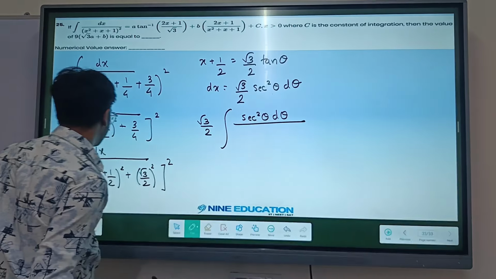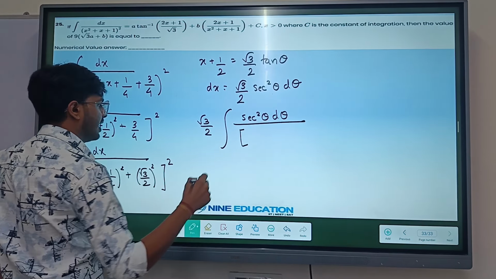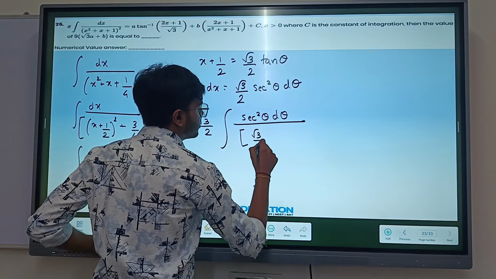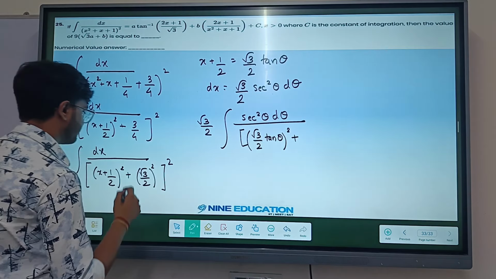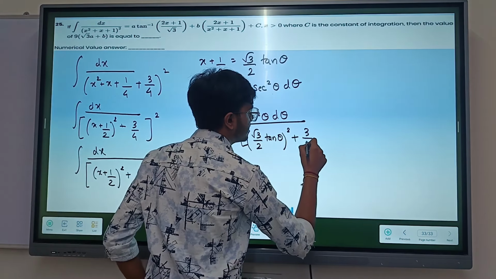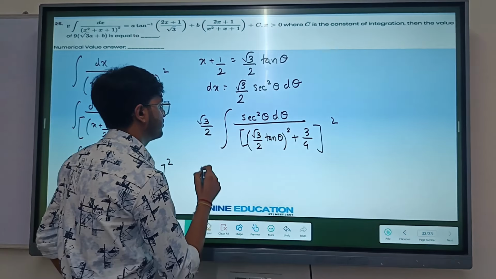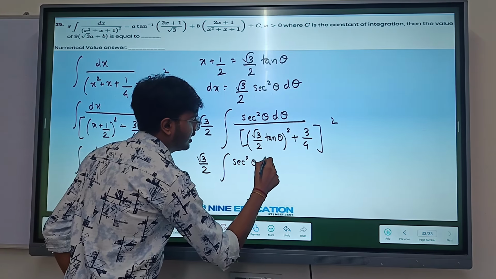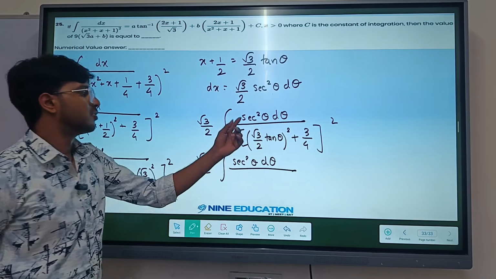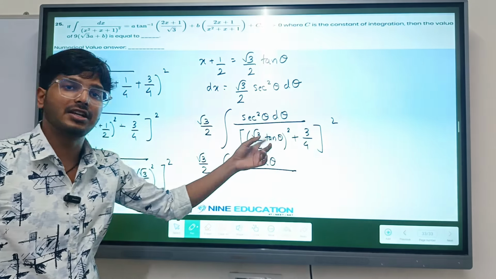And what is there in the denominator? We have x plus 1 by 2, which is root 3 by 2 tan theta, whole square, plus root 3 by 2 whole square, which is 3 by 4, and the whole square of this. So root 3 by 2 integration secant square theta d theta divided by (3 by 4 whole square).